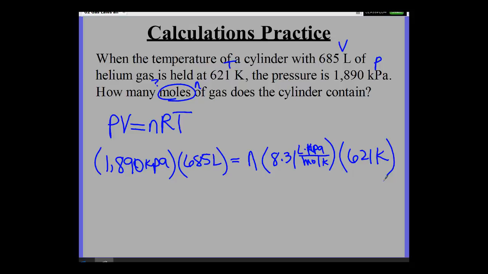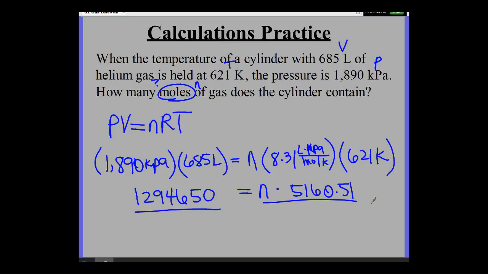So I can multiply the left side. Yes, big number. And then I multiply the right side. And how am I going to get N by itself? Divide by which number?